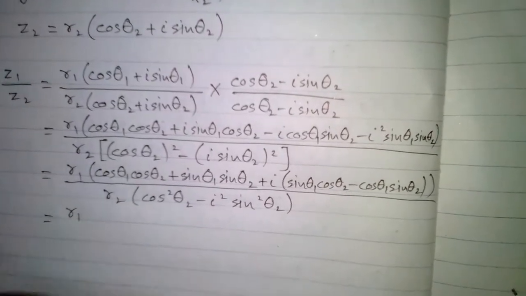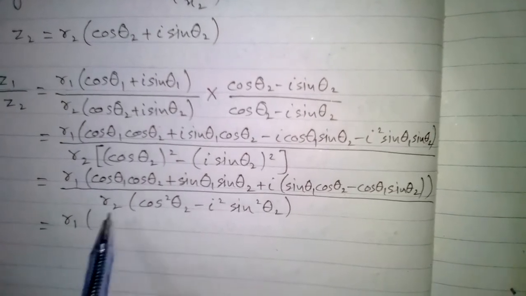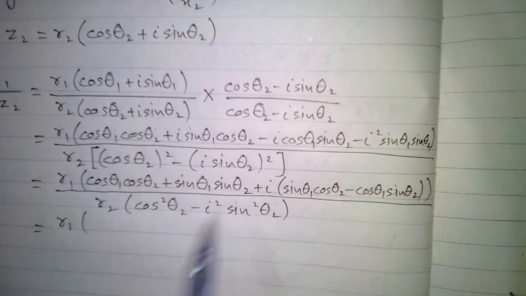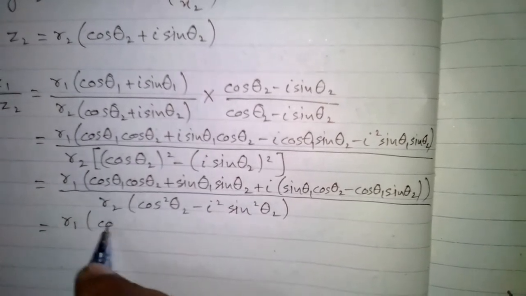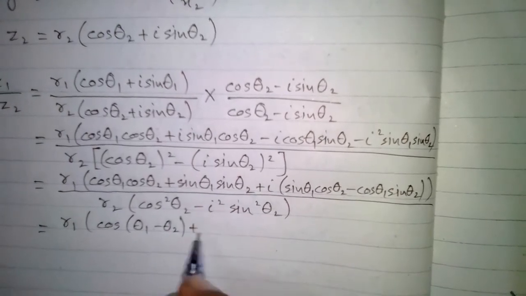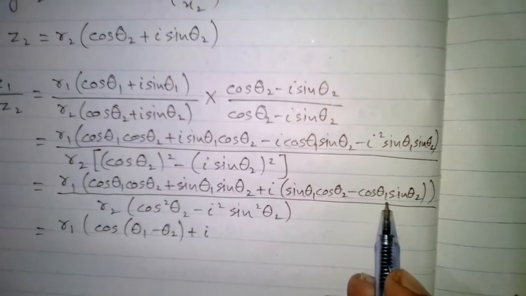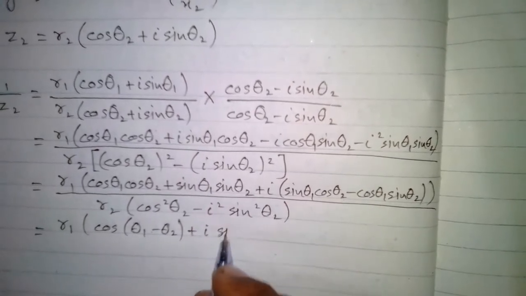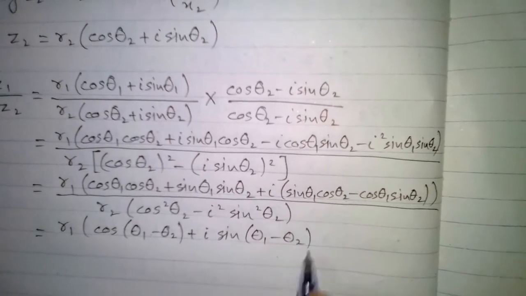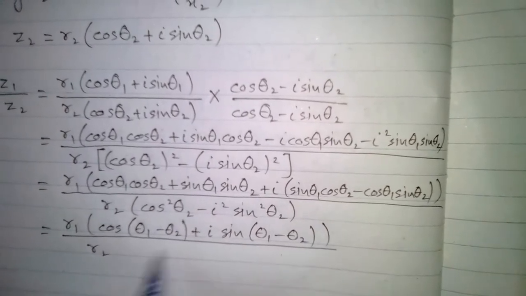Now r1 times cos theta 1 cos theta 2 plus sin theta 1 sin theta 2 is equal to cos of theta 1 minus theta 2, plus iota times sin theta 1 cos theta 2 minus cos theta 1 sin theta 2, which is equal to sin of theta 1 minus theta 2, upon r2.